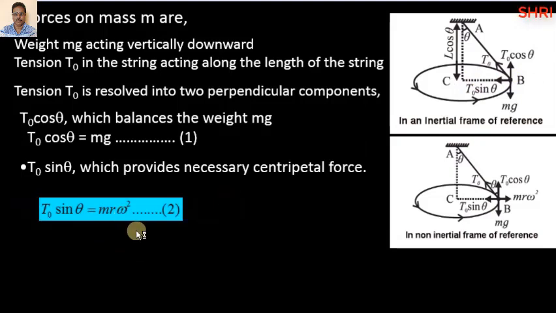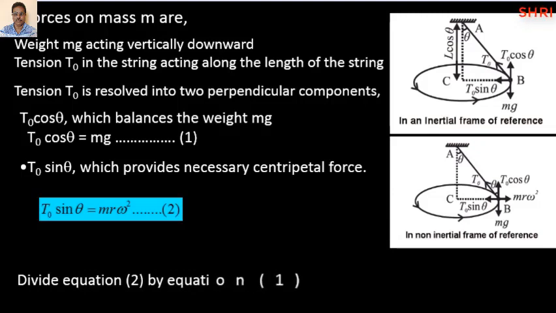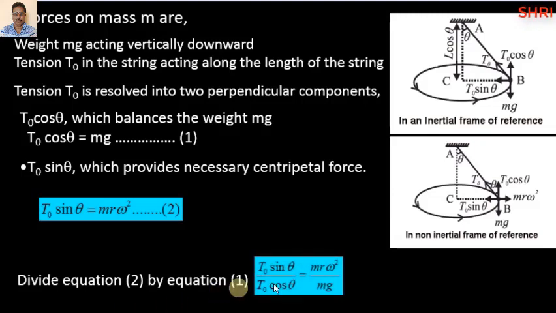Now to derive the equation for the period of the conical pendulum, we divide equation 2 by equation 1. When we divide equation 2 by equation 1, m gets cancelled and T0 gets cancelled. Then we interchange the sides: the left hand side is written on the right and the right hand side on the left.